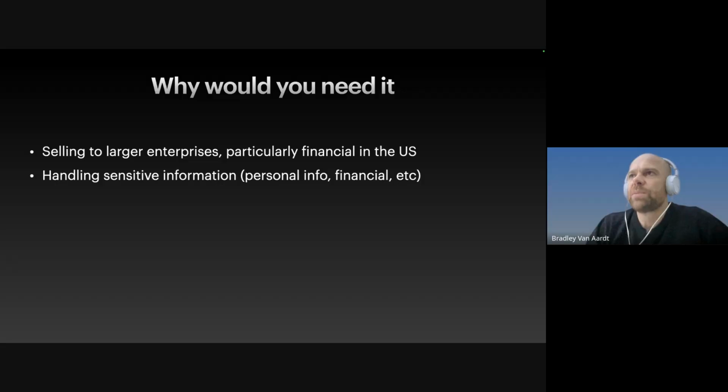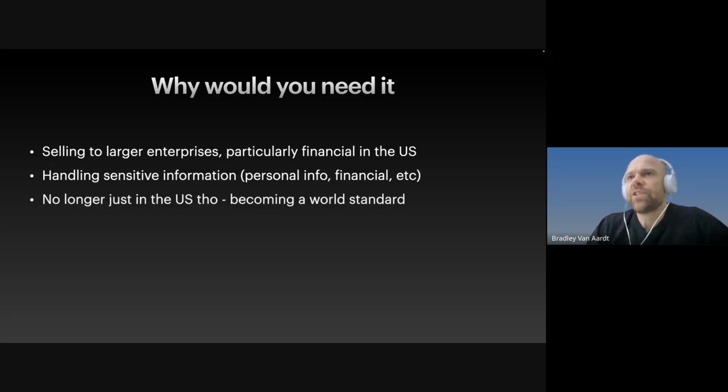The type of companies, besides the financials, is anyone that's handling sensitive information, personal info, etc. And it's no longer just in the US. It's becoming a world standard because it spreads. Let's say one company does a SOC 2.